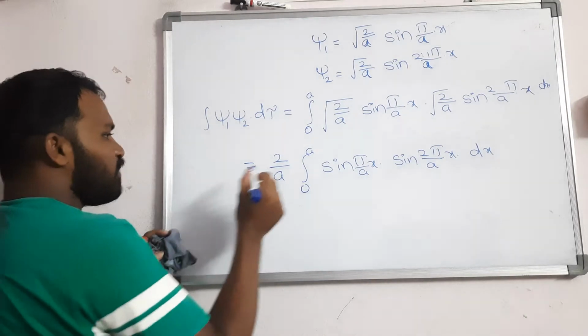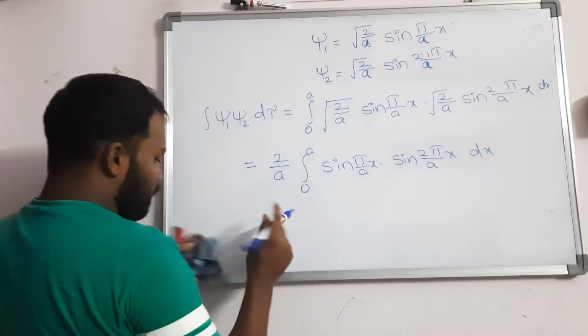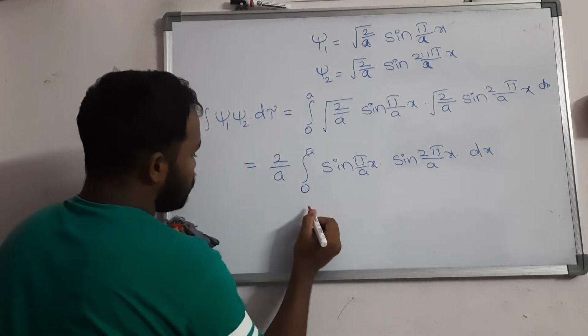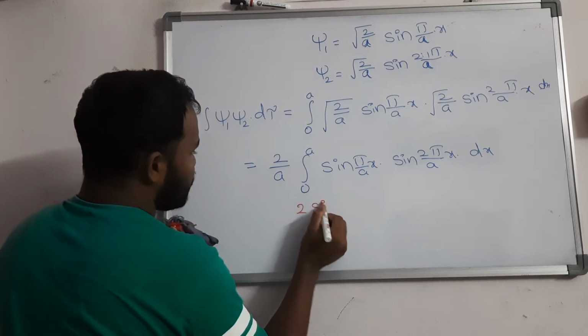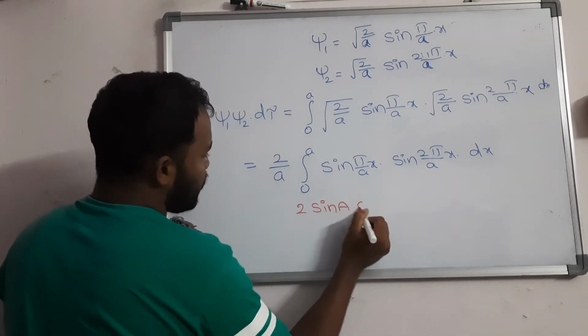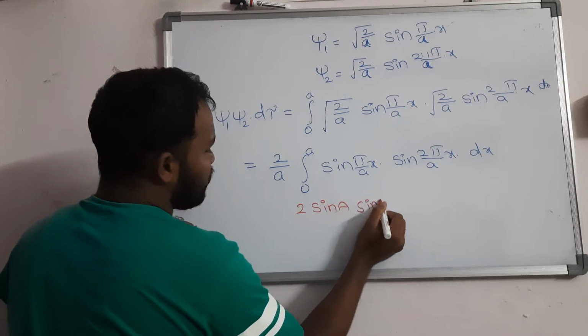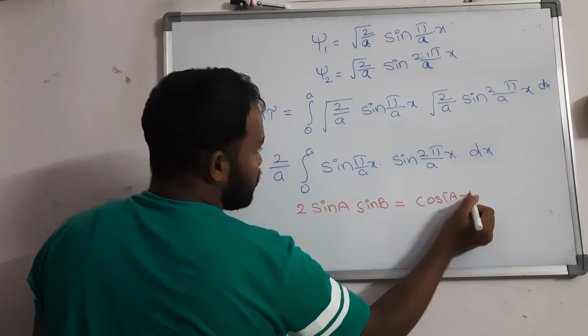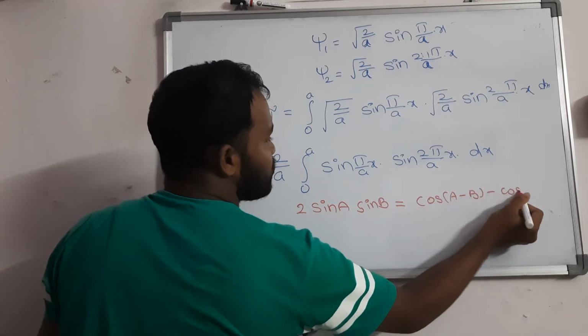Before going further, you should know the formula: 2 sin a sin b equals cos of a minus b minus cos of a plus b.